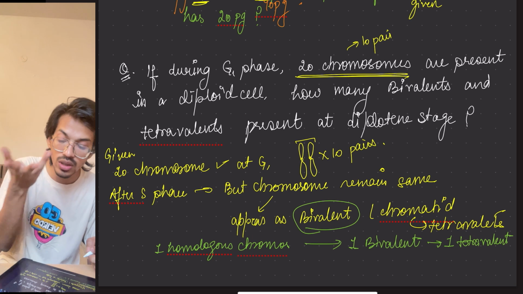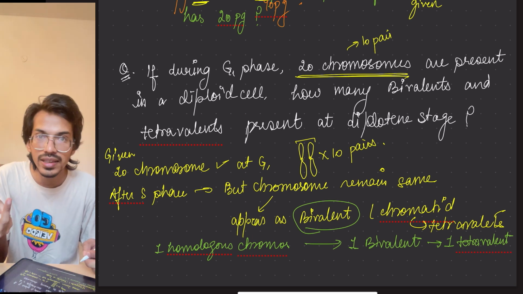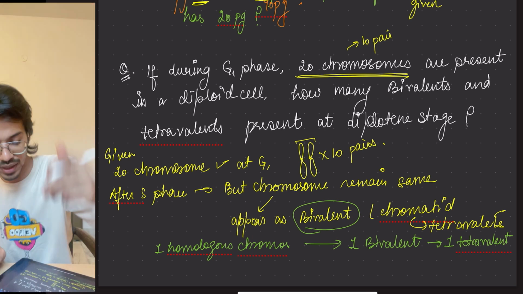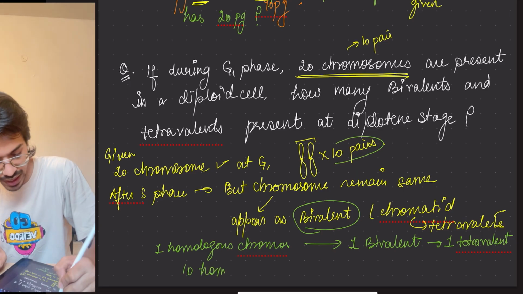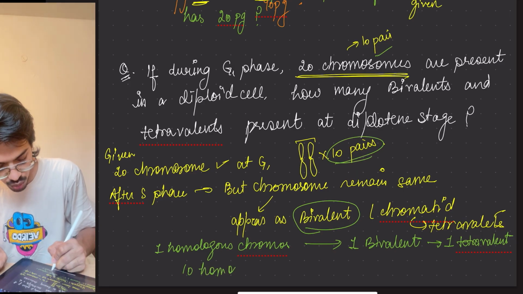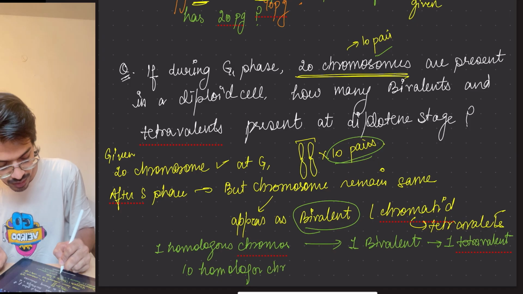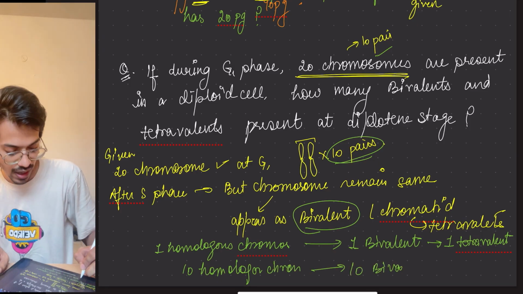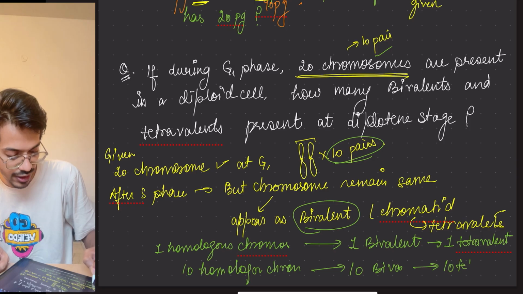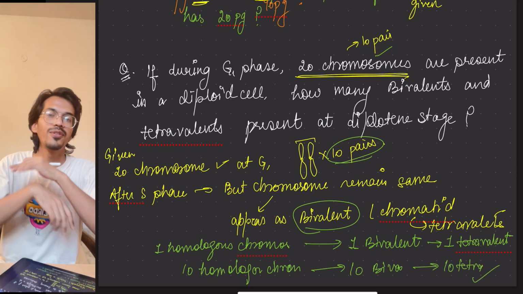How many homologous pairs are present? With 20 chromosomes, 10 homologous pairs are present, which we have just calculated. 10 homologous pairs means 10 bivalents and 10 tetravalents present.